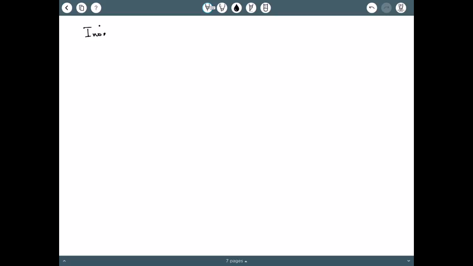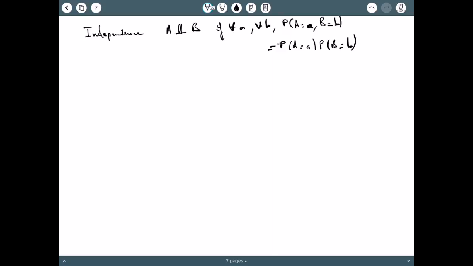The different assumptions we can make can be summarized as follows. We first have independence. A is independent from B if for all states a, for all states b, the probability in the joint is just the product of the marginals. So that's the definition of independence.